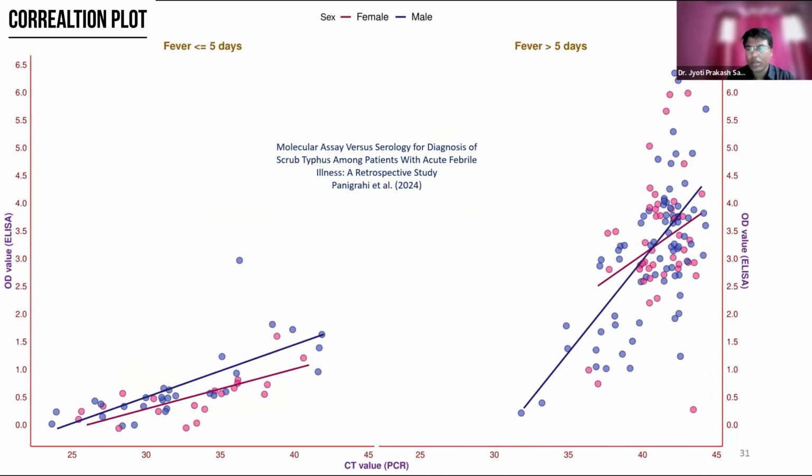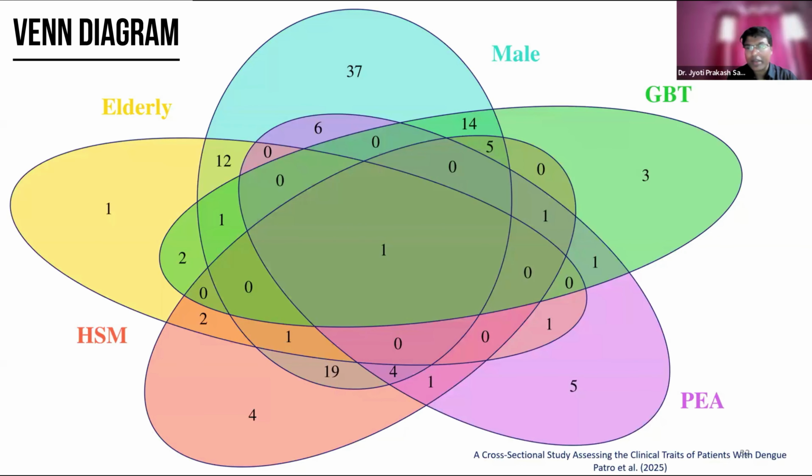This is the easy one, the correlation plot. Correlation plot with the slopes. This is the Venn diagram. This is for a dengue patient study. So this circle represents the male participants.